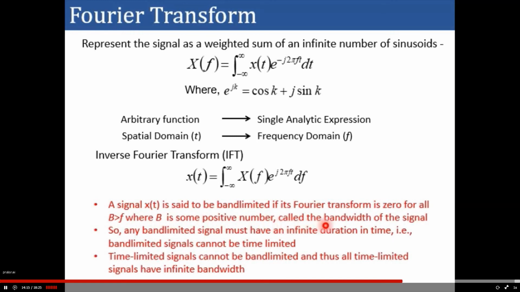B will be called the bandwidth of the signal. Any band limited signal must have infinite duration in time. That is, band limited signals cannot be time limited. Similarly, time limited signals cannot be band limited, and thus all time limited signals have infinite bandwidth.